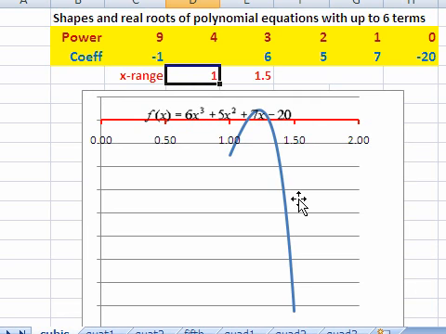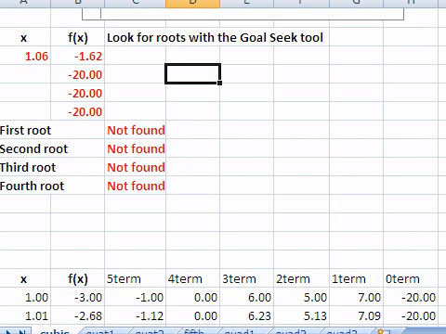So let's find those roots by guessing 1 and 1.5 down here in the root section. 1 and 1.5. These aren't roots because the result is not 0.